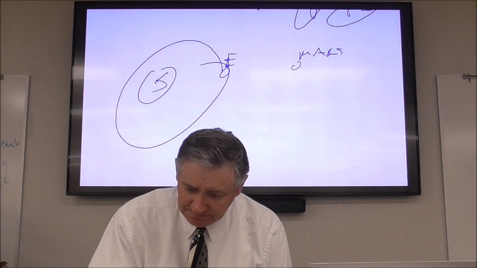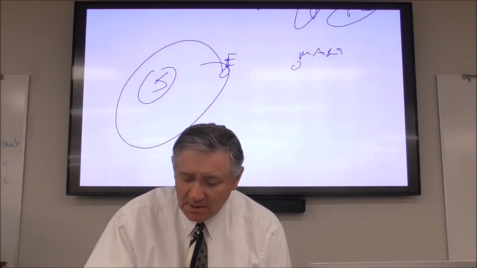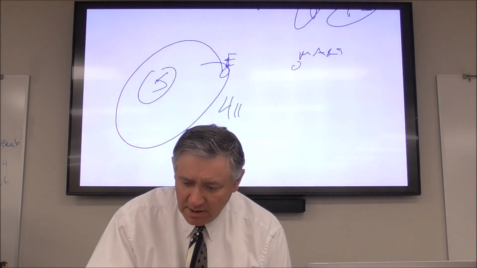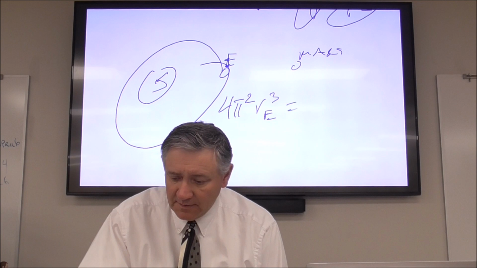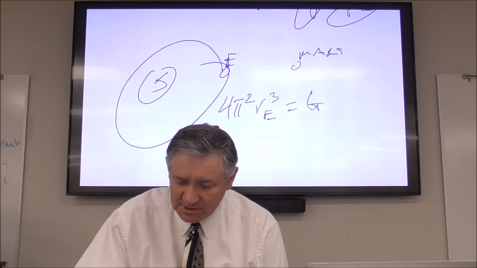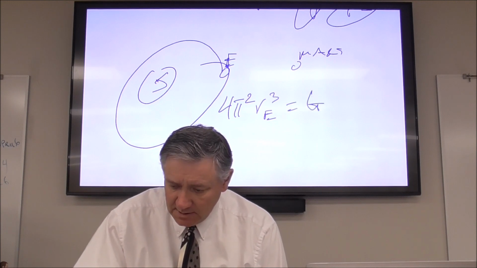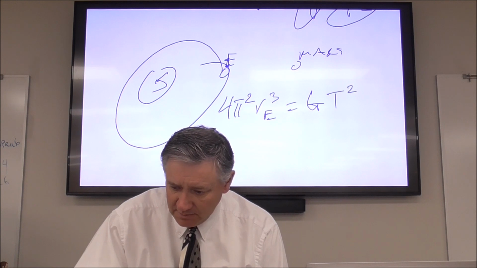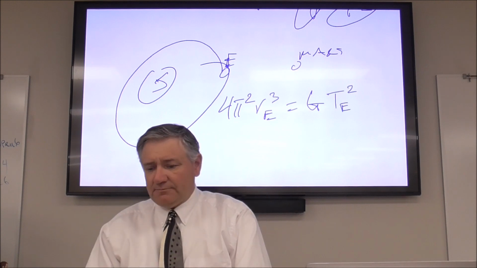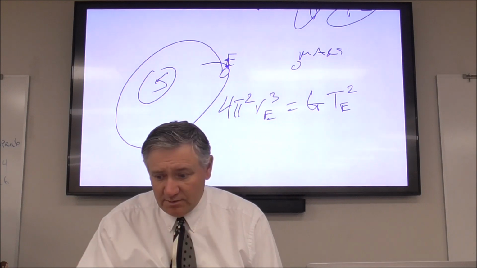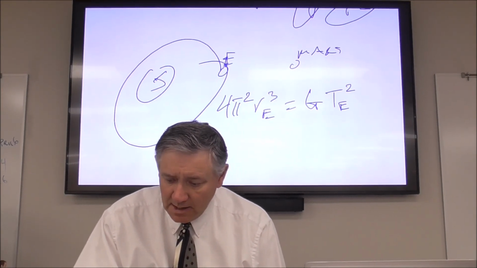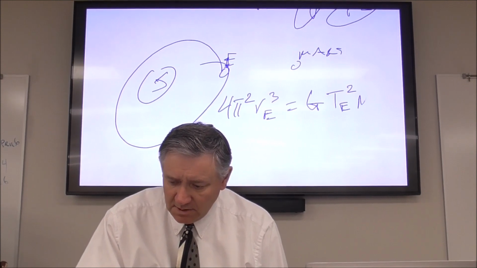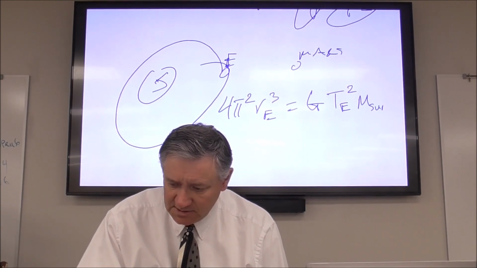If you look at that centripetal force, you could write that out as 4 pi squared r cubed, and that would be the radius of the Earth. And then that's going to equal big G, then T squared, and that would be of the Earth. Okay? So if you wanted to, you could solve this for the period of the Earth, radius of the Earth, whatever. And then also there's the mass of the sun.